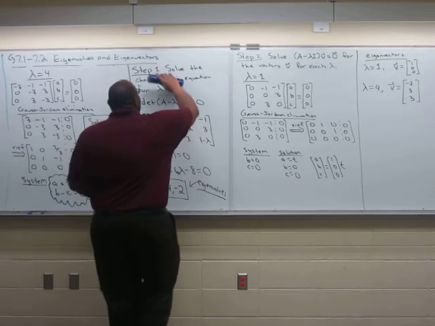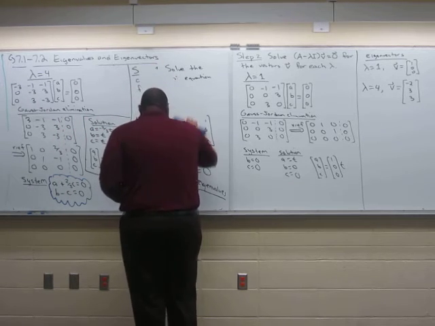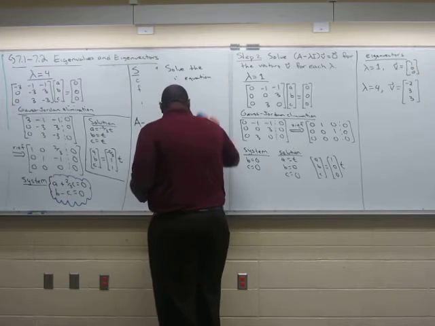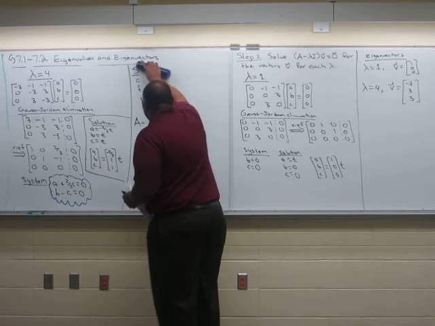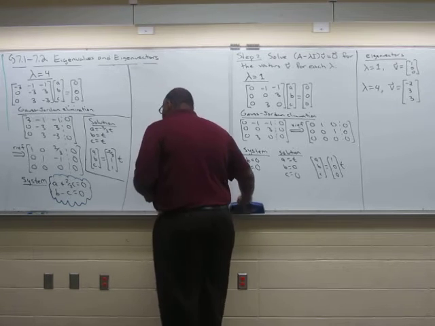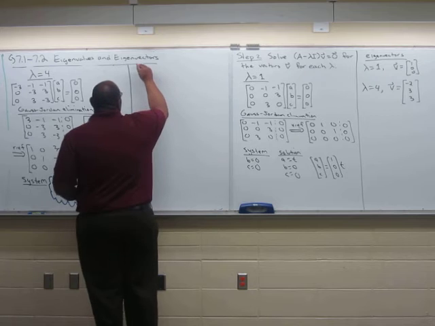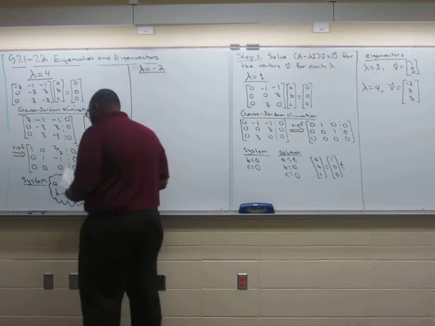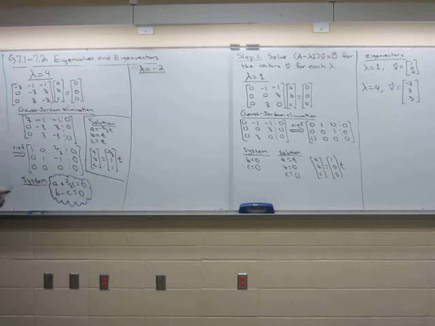And let's put in our last one. Lambda equal to negative 2 is our last one. So for lambda equal to negative 2, if I plug negative 2 into A minus lambda I, this is what I'm going to end up with.